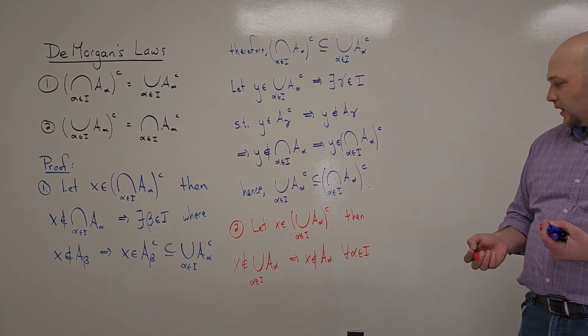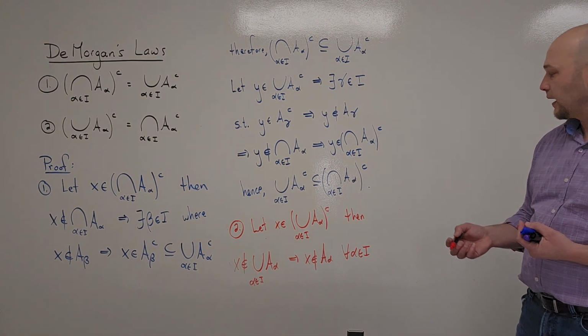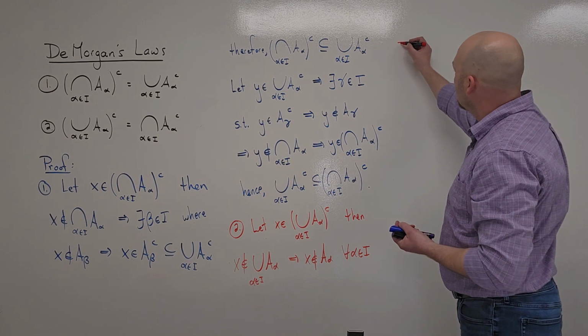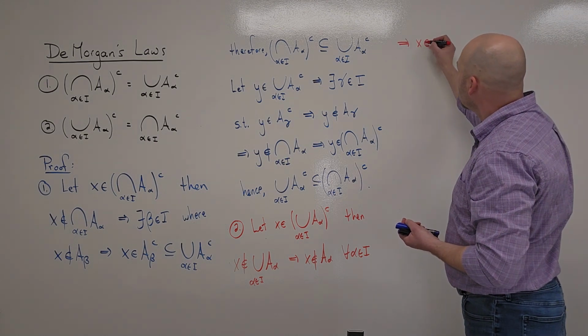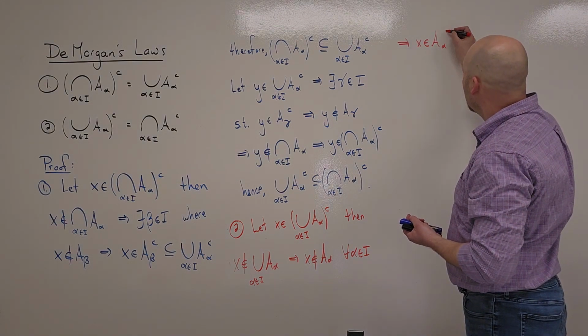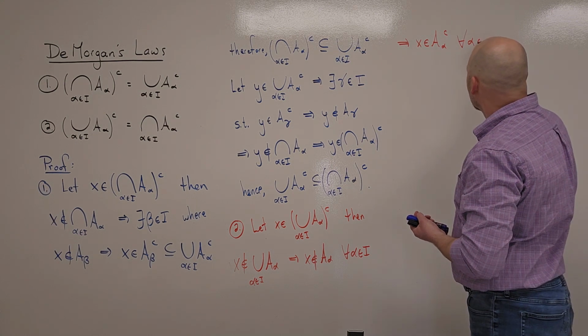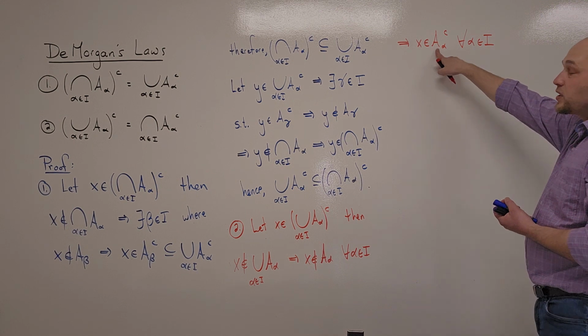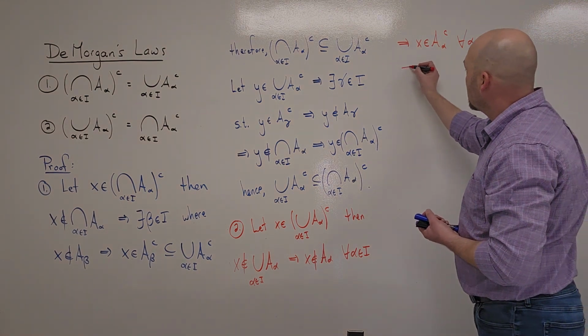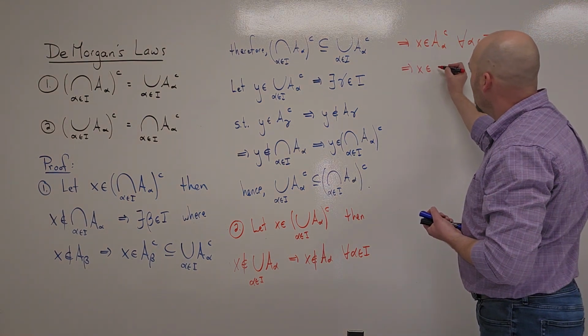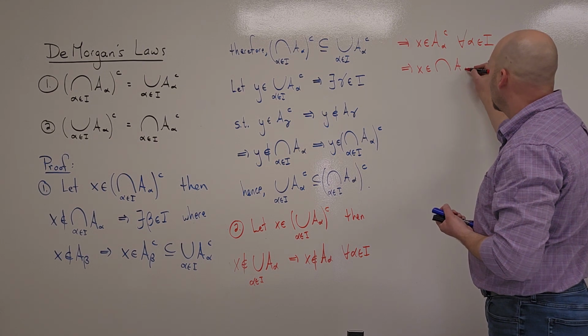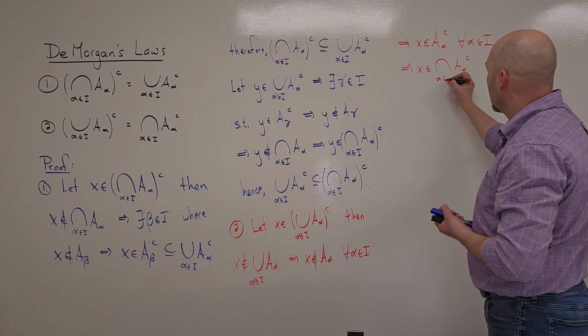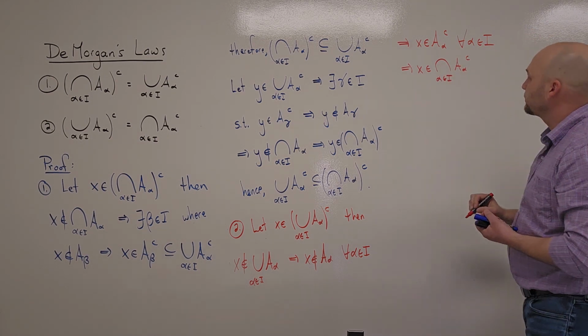But if it's not an element of A alpha for every alpha in I, then X is an element of the complement for every alpha in I. If it's in every single one of these complements, that says that X is an element of the intersection of A alpha complement, where alpha ranges over the entire index set.